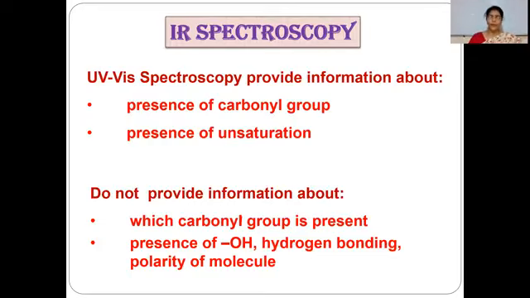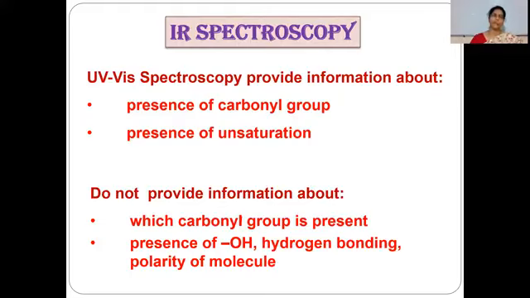Information obtained by UV visible spectroscopy was related to the presence of a carbonyl group in the molecule, a carbon-carbon double bond or carbon-carbon triple bond, or conjugation in the molecule.